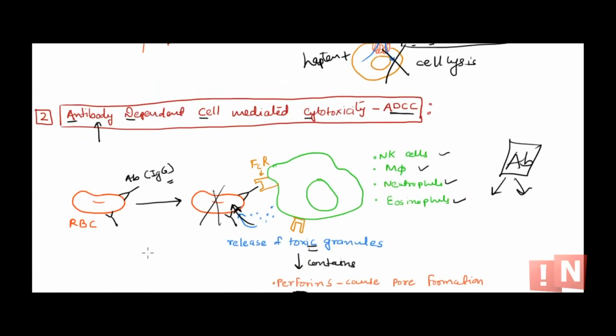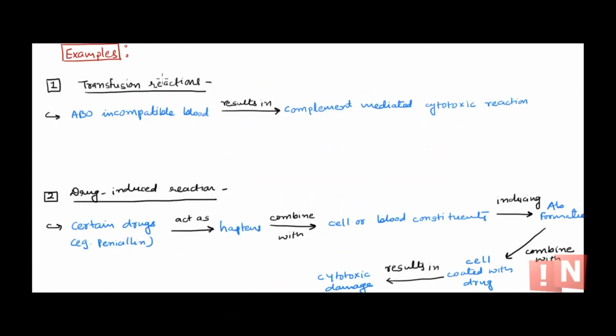But let's see some other examples of type 2 hypersensitivity. In case of transfusion reactions, you will observe type 2 hypersensitivity if there is ABO incompatible blood. Let's say, for example, a person is blood group O. That means the person's RBC doesn't have antigen A or B on its surface.